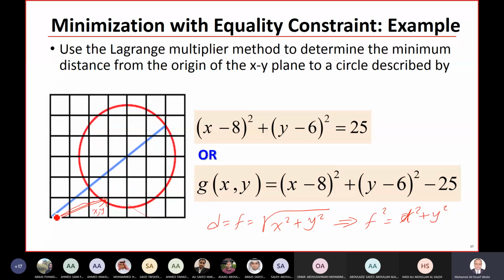This is the distance. So we need to minimize this distance, provided that x and y satisfy the equation of the circle, since this point is on the circle. So this is the cost function and this is the constraint.